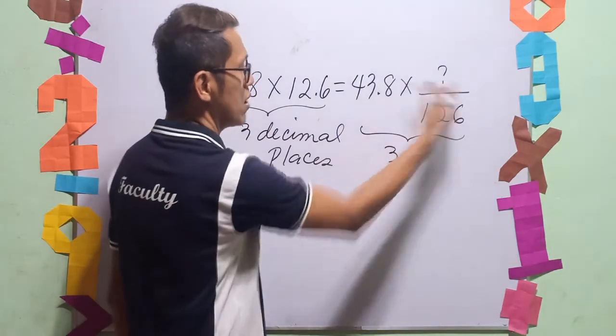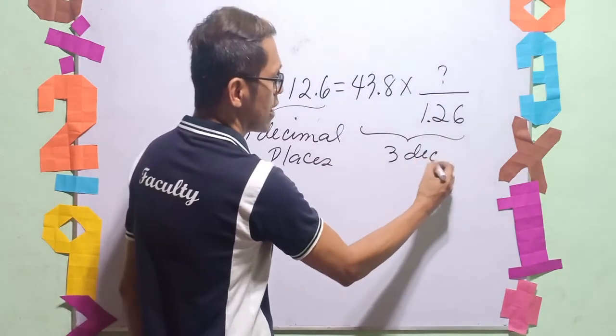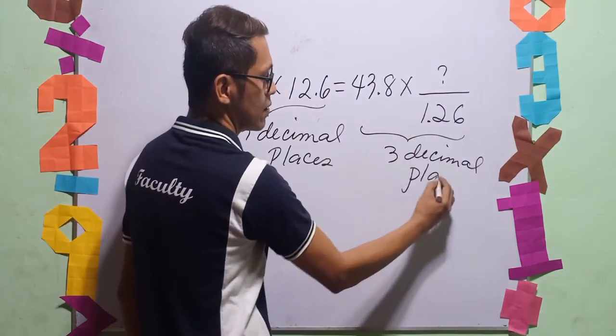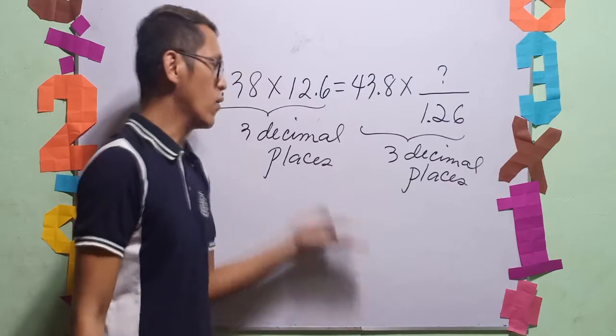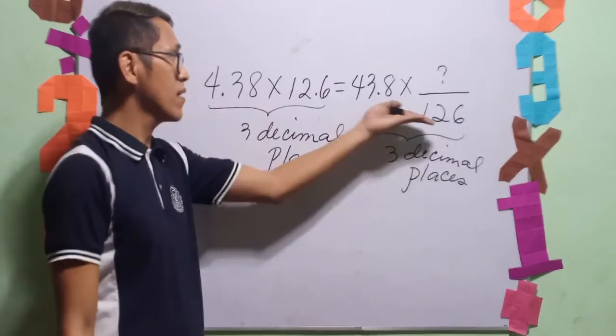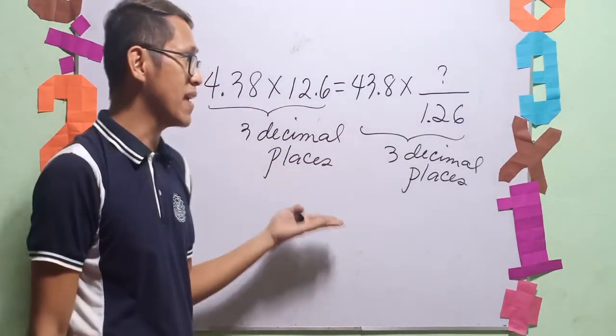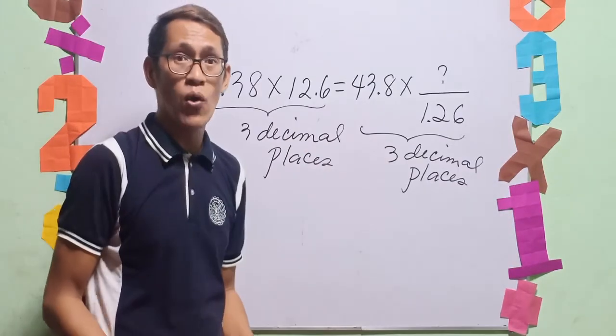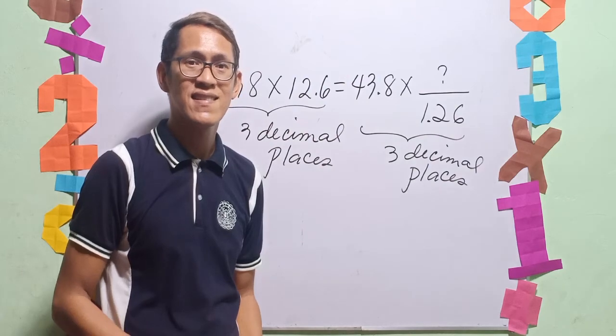So all in all, you now have 3 decimal places here. Now, both have 3 decimal places. So meaning, the missing number here is 1.26.